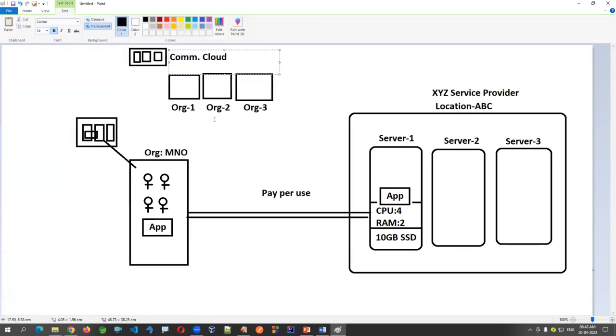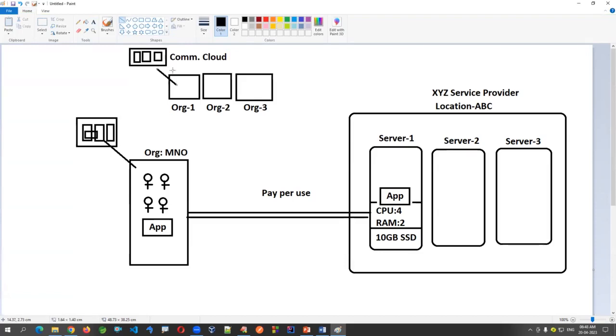It's dedicated for these 3 organizations only. So these are all the possible types of cloud computing here.